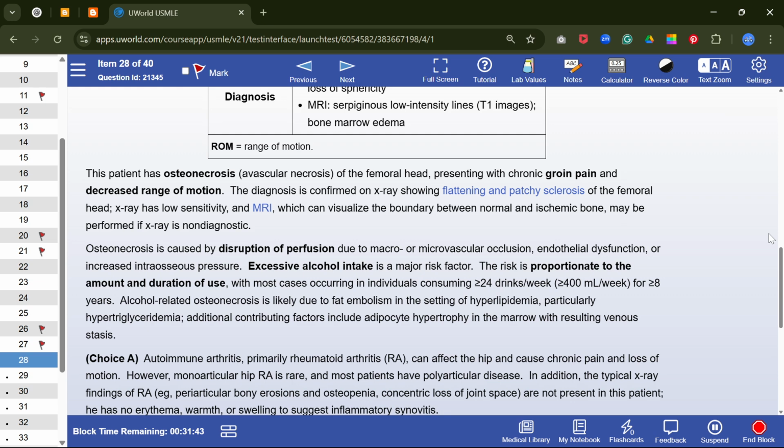Alcohol-related osteonecrosis is likely due to fat embolism in the setting of hyperlipidemia, particularly hypertriglyceridemia. Additional contributing factors include adipocyte hypertrophy in the marrow with resulting venous stasis.